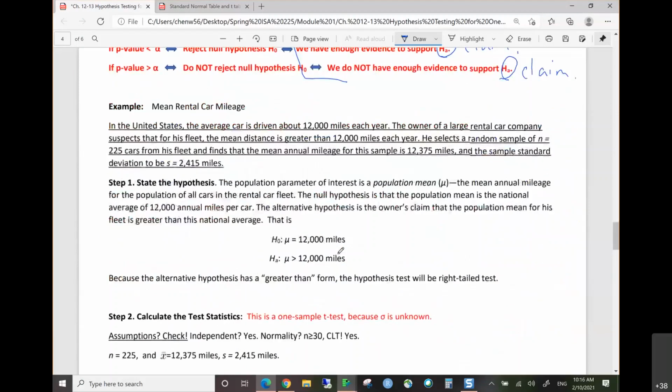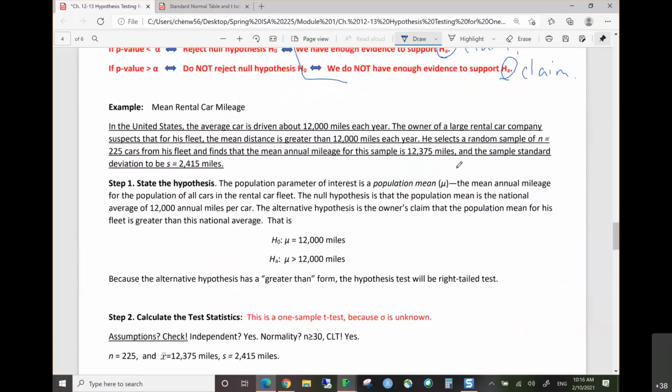And let's go through an example. All right, so this example is about the mean rental car mileage. In the United States, the average car is driven about 12,000 miles each year, right? The owner of a large rental car company suspects that for his fleet, the mean distance is greater than 12,000 miles each year.